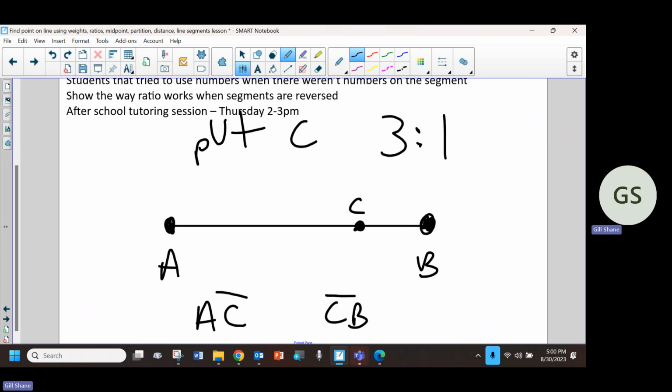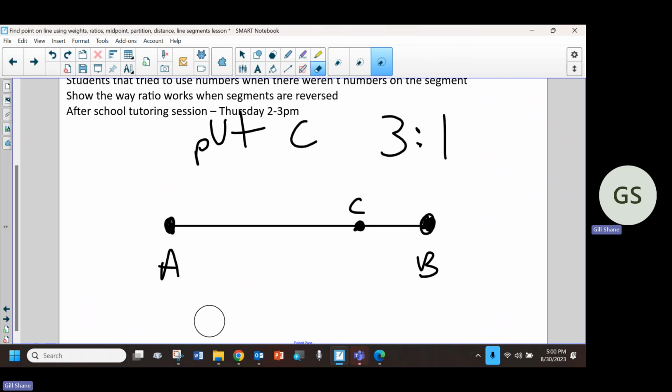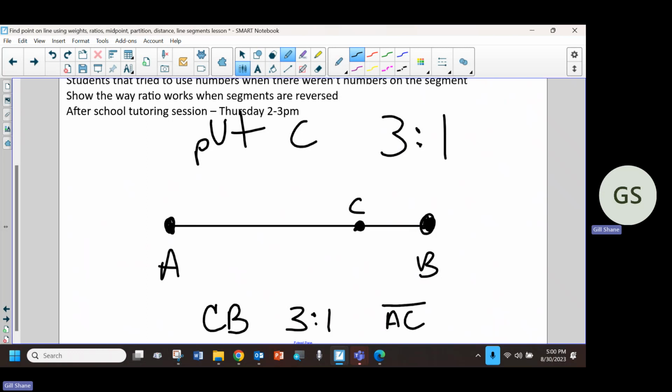Well, there were some book problems that were different. They said, put point C on the line segment so that CB is in a ratio of 3 to 1 to, I guess we'll write A first, AC.